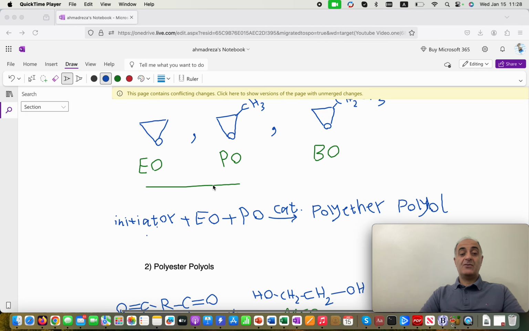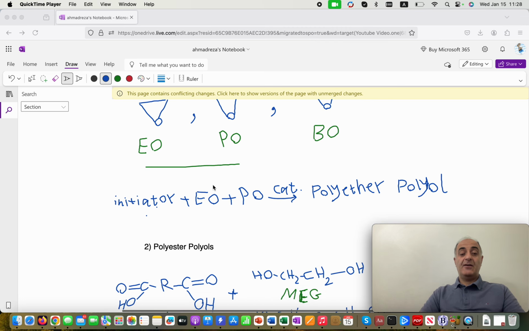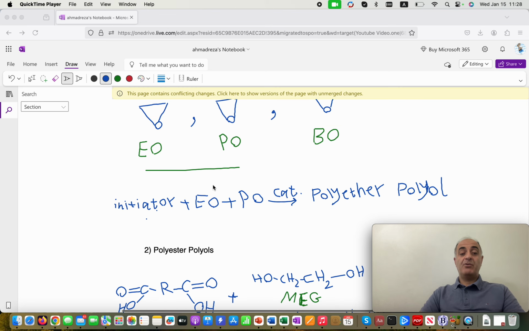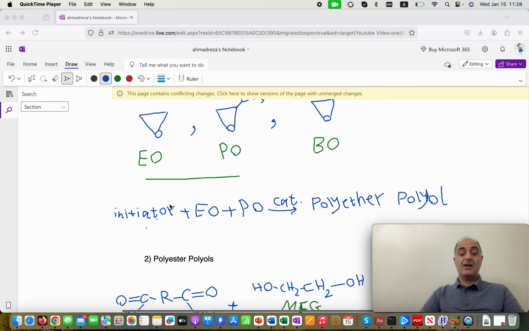So because of that, we can go to the polyester polyol. In polyester polyol production, I would like to give some explanation. In the production of polyester polyol, we use an initiator and monomers like ethylene oxide, propylene oxide alone or mixture, based on the properties that we need.